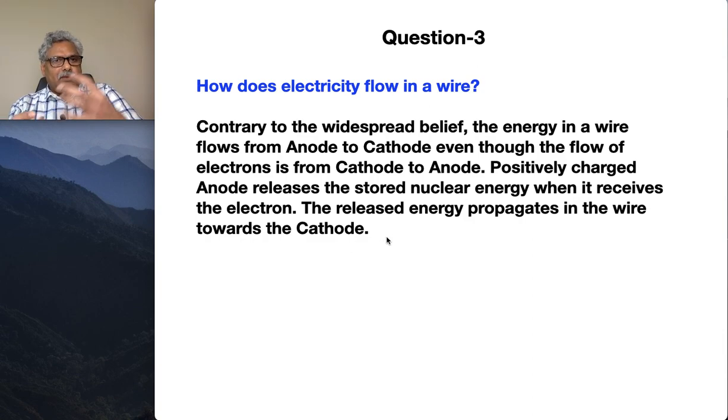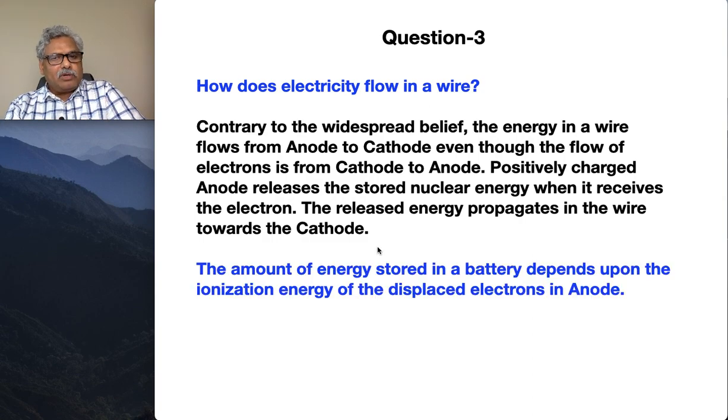Because the anode is positively charged, a group of positively charged atoms, when you pass an electron to that positively charged ion, the nucleus expands and releases the energy, and then that energy flows from anode to cathode, even though electrons are flowing from cathode to anode. So we have different batteries, right?